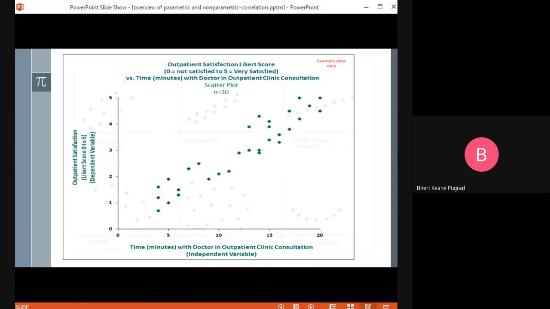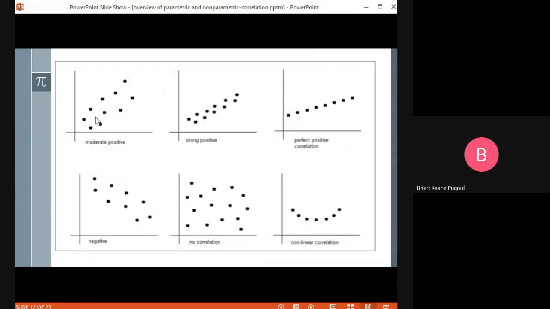Kaya positive correlation. Okay? So this is termed a moderate kasi merong line pero medyo magkakalayo yung mga plot. That's your moderate. Strong positive kapag medyo magkakalapit yung mga plot. Perfect positive kapag diretso, no? Diretso yung kanilang plot, no?